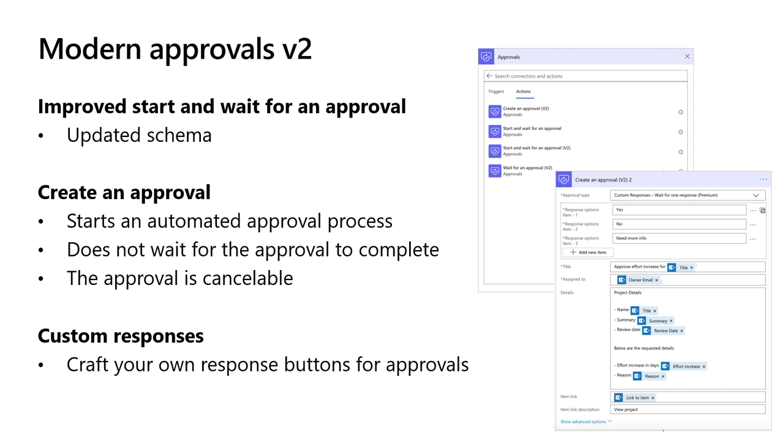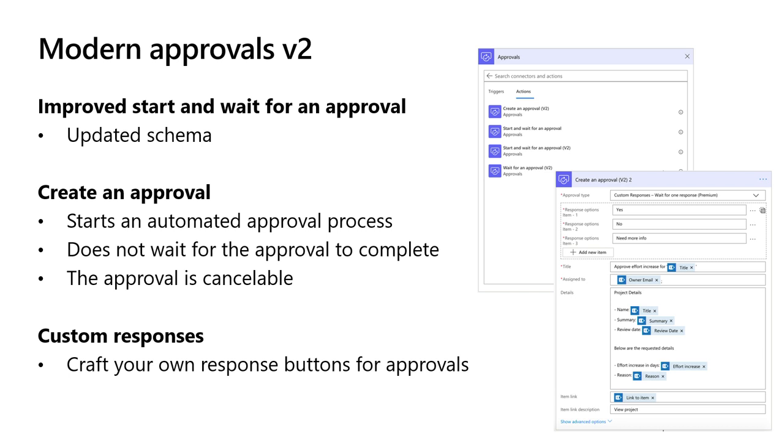Or if you want more people to be involved in the process, you can say that you're waiting for other people to come along. In creating an approval, we now make it possible for you to cancel an approval mid-cycle, so that if you started one and you cancel it, people don't still have sitting approvals waiting for them to respond to that they think that they're controlling but are no longer effective.